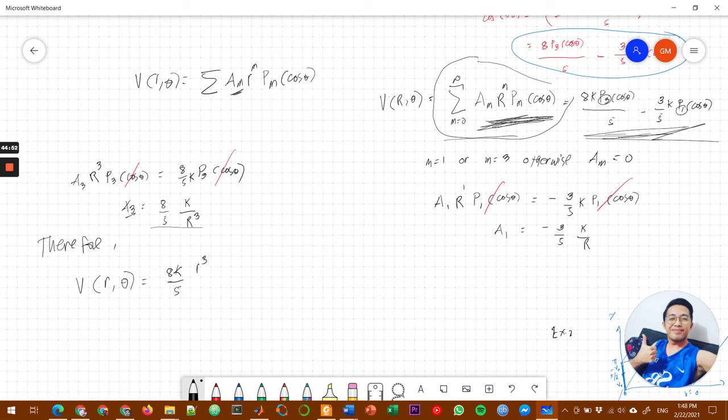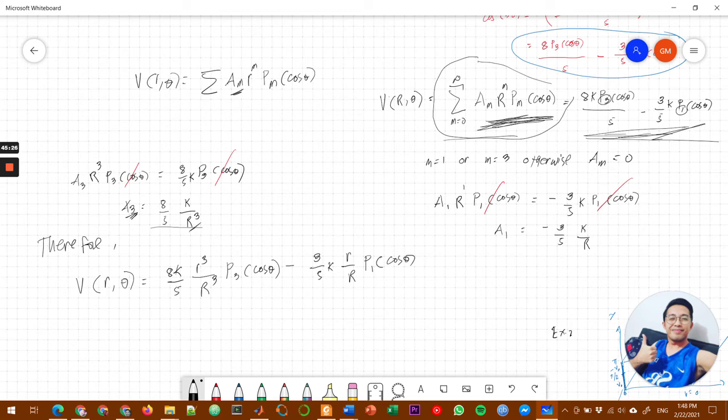Then we have m equals 3, we have r cubed, so r cubed nga dako sa ubos, so we have r cubed p3 cosine theta minus katong m equals 1, 3 over 5 k r over R, p1 cosine theta.